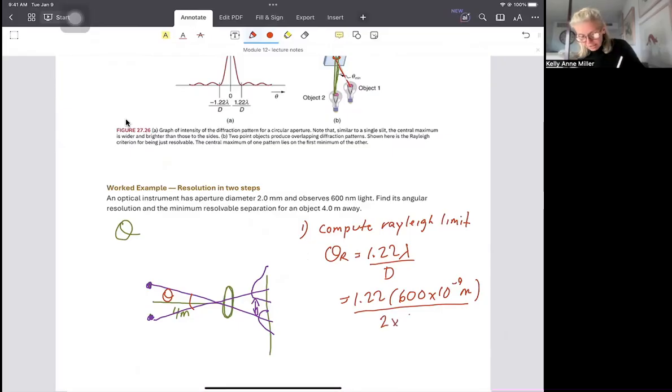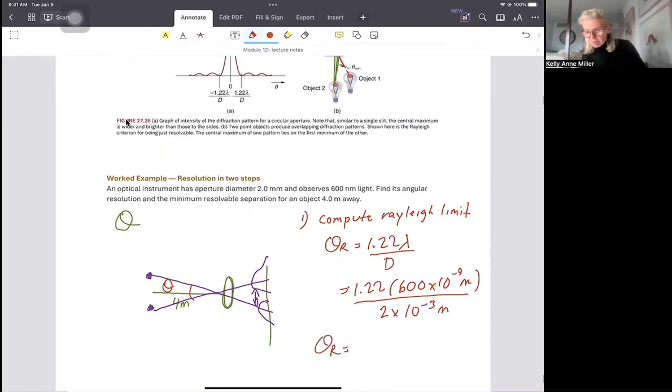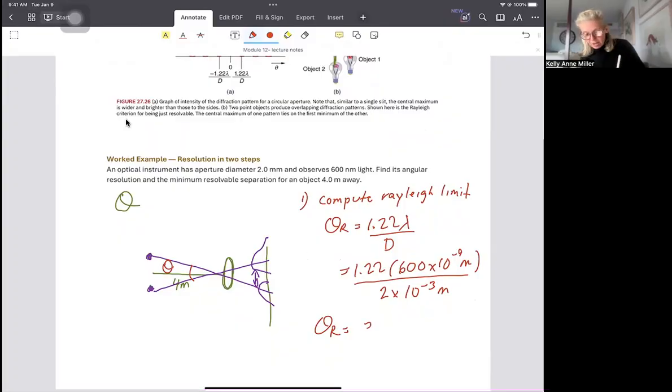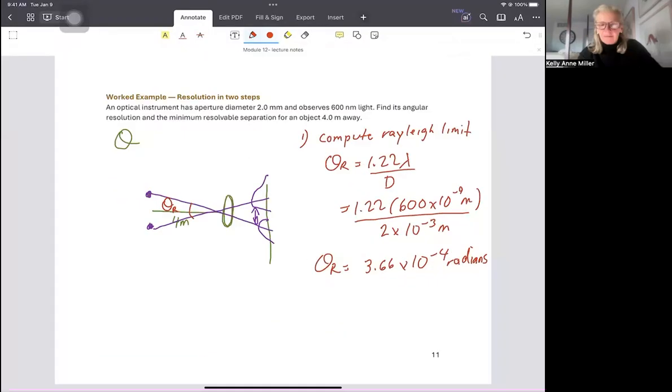So 2 times 10 to the negative 3 meters. Calculate that out, and I get the Rayleigh limit as 3.66 times 10 to the negative 4 radians. The angle is always measured in radians. That's important to note. Okay, radians.